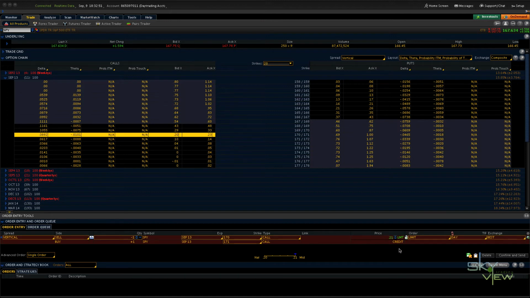And the max risk on this trade would be 79 cents, because it's $1 wide minus the 21 cents.